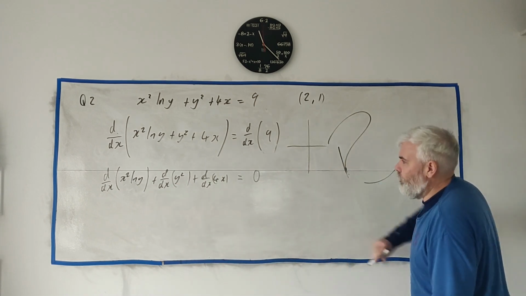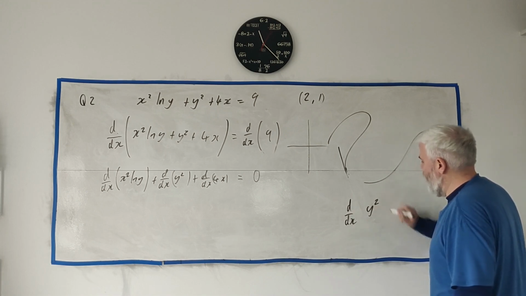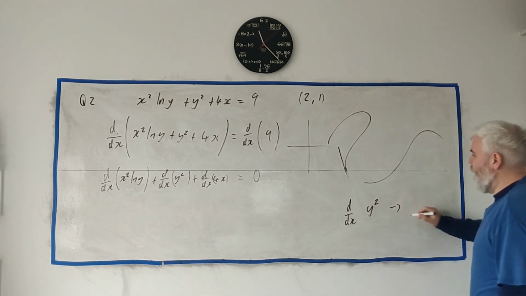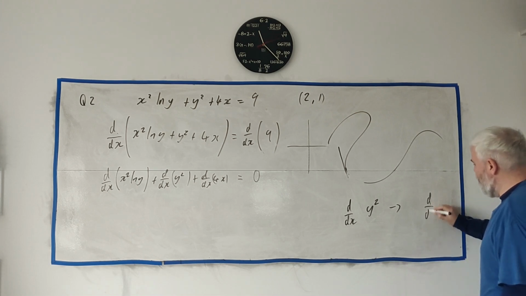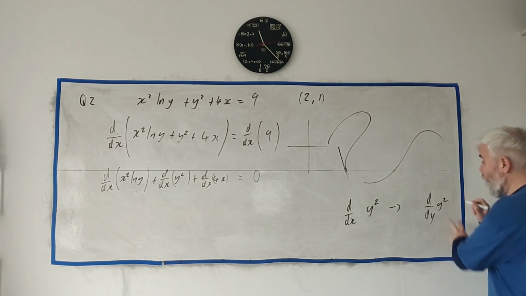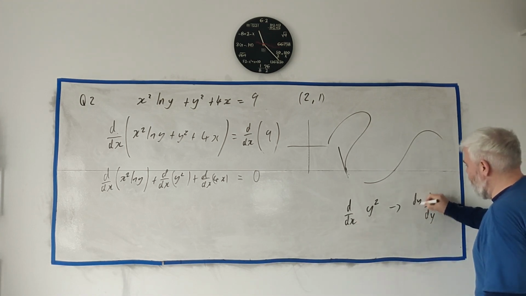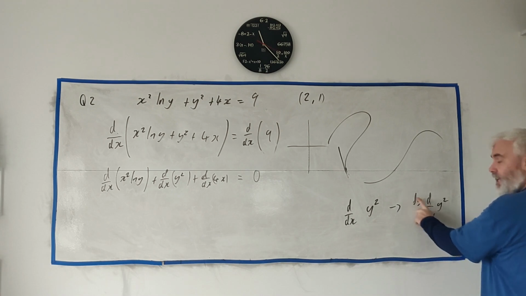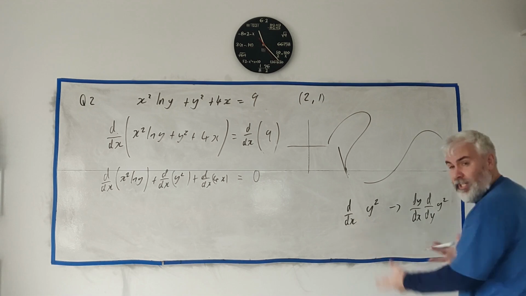Let's just fix it over here. d/dx of y squared is just the same as doing what we really want here, which is d/dy of y squared. This we can do. These are the same as long as I cancel them out. As long as I put an extra dy up here, they cancel. And there was the original dx. So that's what the chain rule tells us.